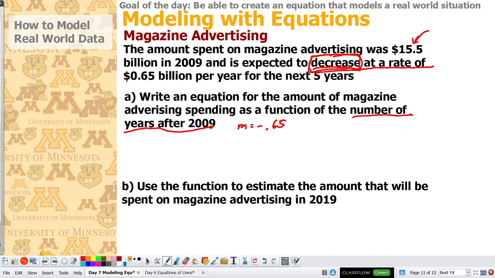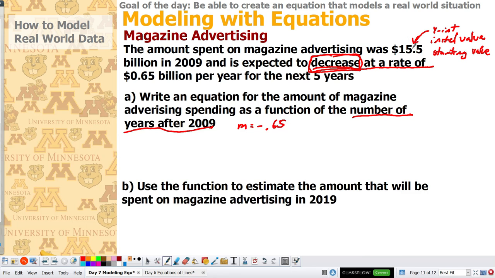Now, in normal algebra, we'd call this the y-intercept. And it is the y-intercept. But we kind of want to think of it as the initial value, right? It's the starting value, right? And what is that? It's the amount spent in 2009.